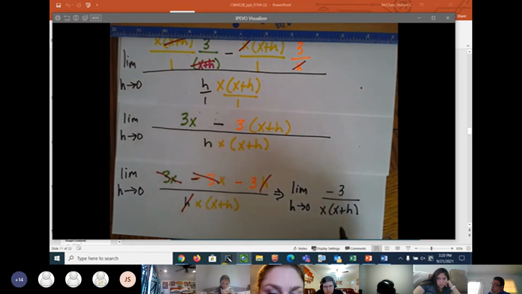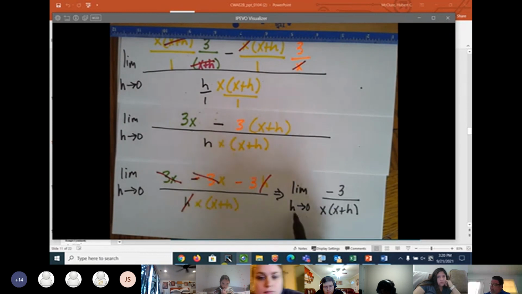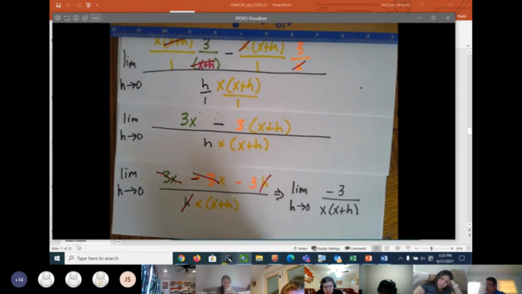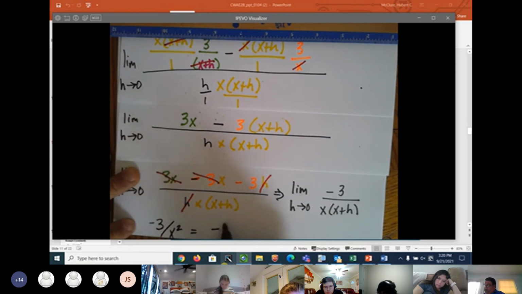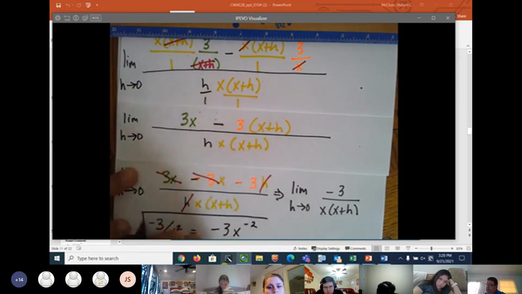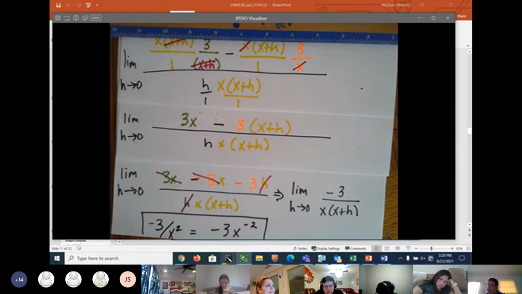And what happens when you plug in 0? You're going to get x times x on the bottom, right? And that's going to give you negative 3 over x squared, which is equal to negative 3 x to the negative 2. Now I can go back up here.